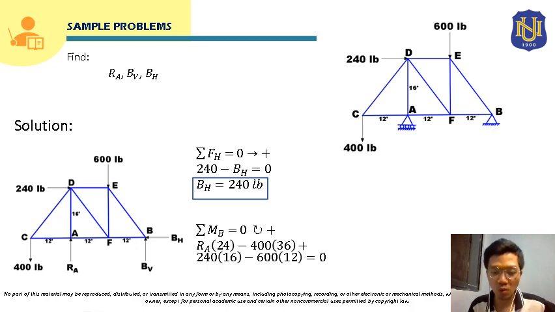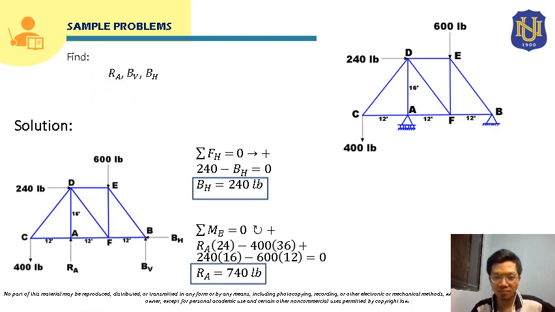Then we transpose negative 600 times 12, so it will be positive 600 times 12. From here, we divide by 24 to solve for the value of RA. So the value of RA is 740 pounds. So we can now box this.